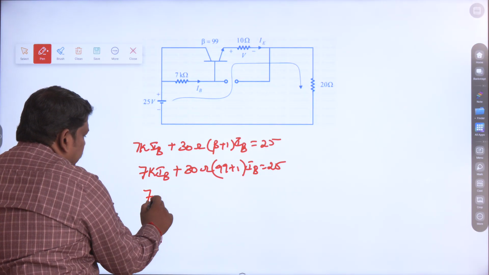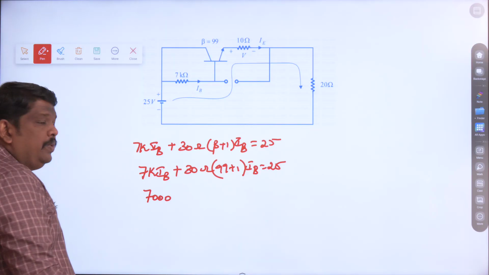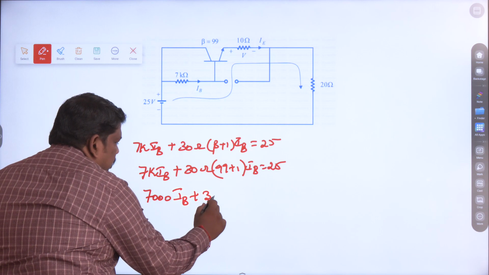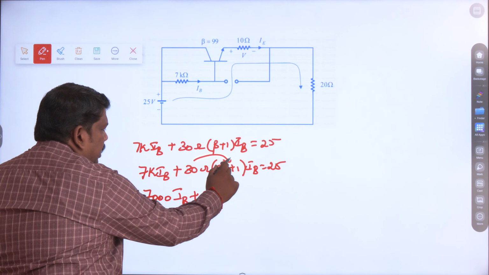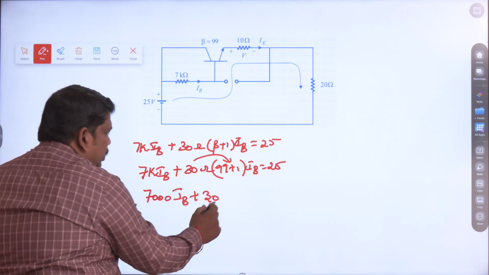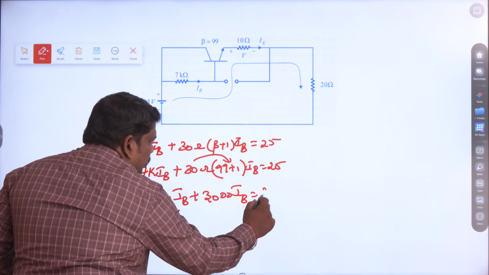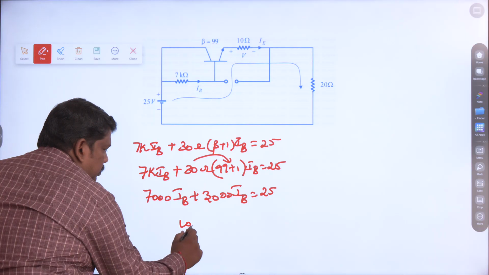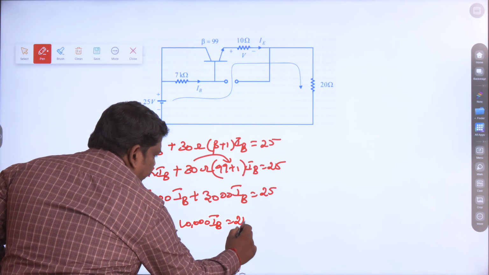Next, converting the kilo ohms, I am converting to 7000. So 7000 IB plus 30 into 100, that is 3000 IB, is equal to 25. So 10,000 IB equals 25.